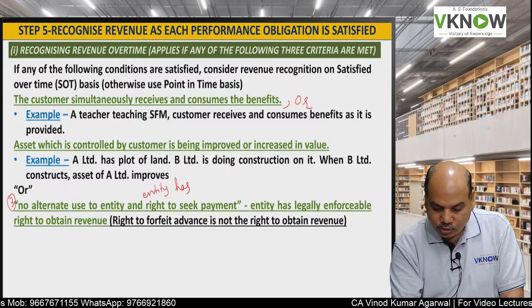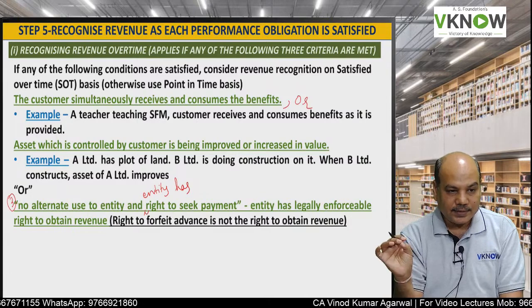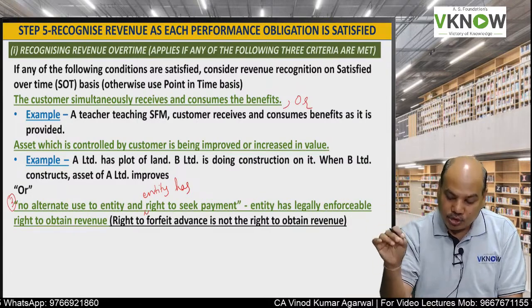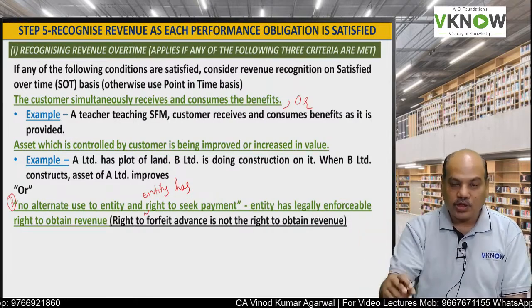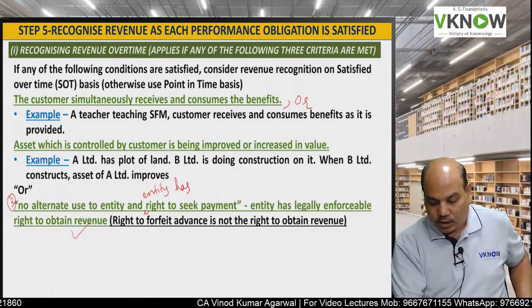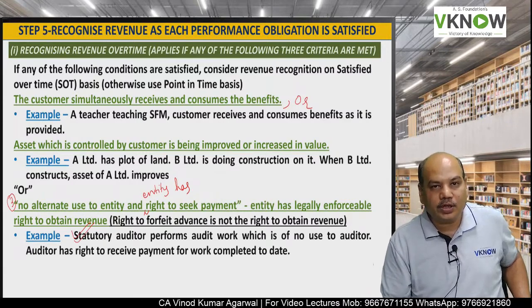That means whatever you have done, it is of no use to you. But yes, as per the contract, you are entitled to seek payment for the work done. The entity has a legally enforceable right to obtain the revenue. Then in that case, you will recognize revenue as and when the work is performed.